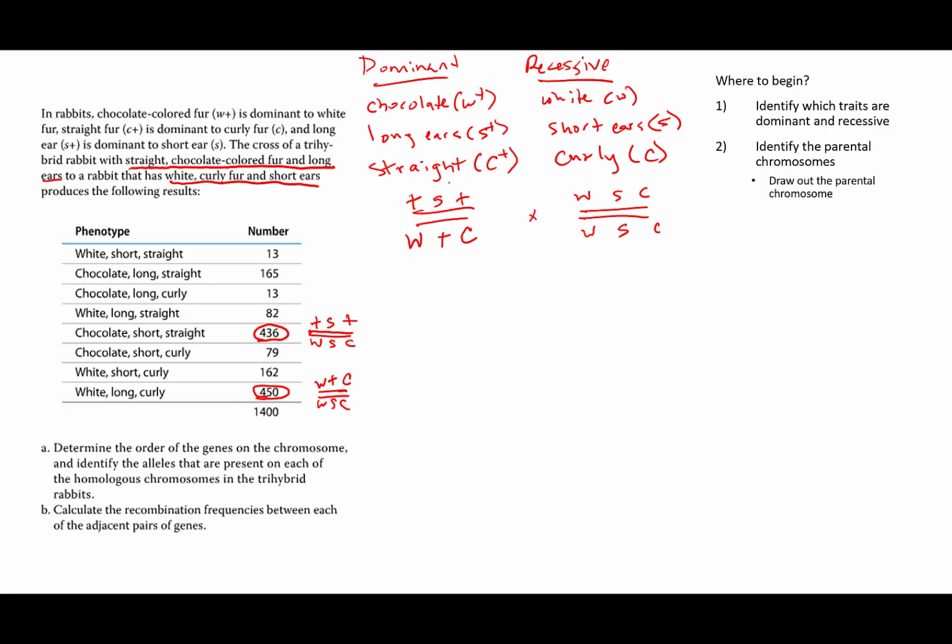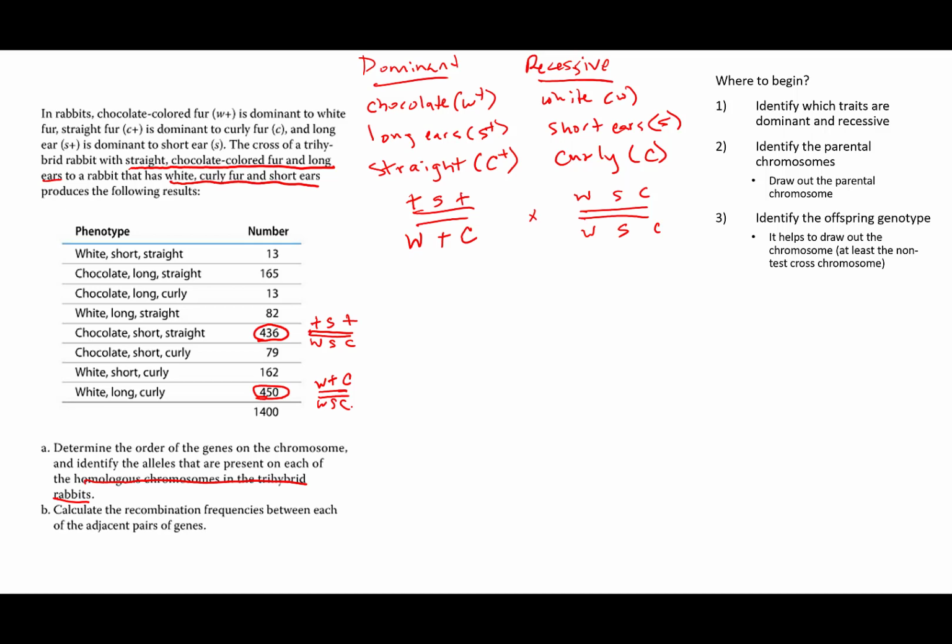Okay, so I've already answered this part, each of the homologous chromosomes in the trihybrid rabbits. That's this right here. So that's done. What's my next step? Well, now I need to identify the offspring genotypes. Okay, and again, this helps to draw out the chromosome. We already did that for 2 of them, so I need to do it for the others.